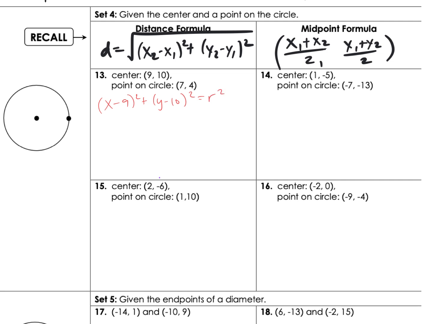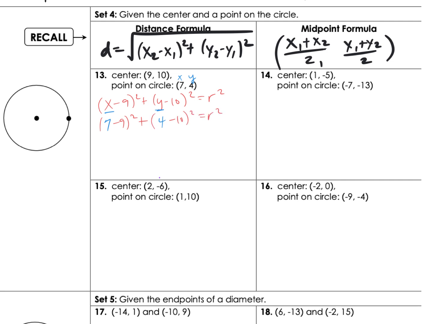Everyone's okay with what I just did? The only thing I'm missing is r². If you use this point as x and y and plug it in, you can solve for r², so (7 - 9)² + (4 - 10)² = r².